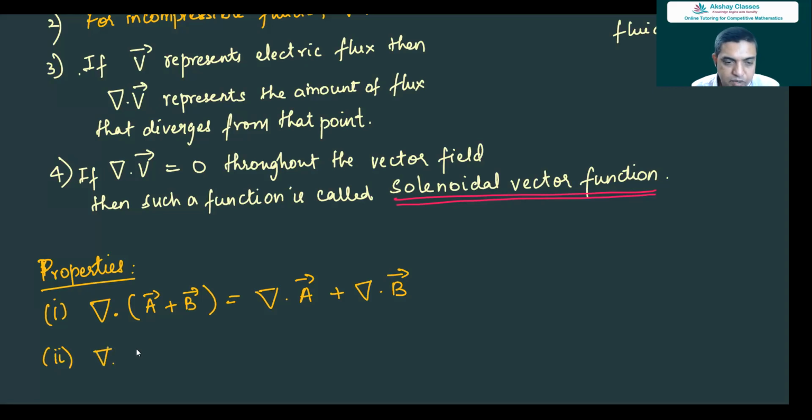Then del dot a scalar quantity times, or to avoid confusion, we'll write this as k times a bar is k times del dot a, if k is a constant.